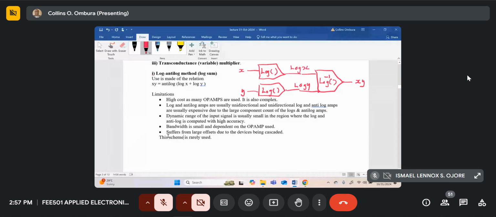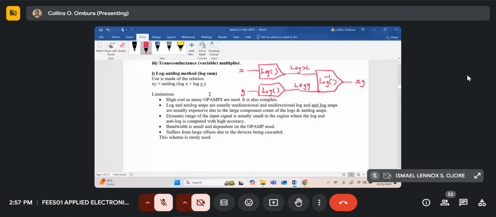What scheme? The log anti-log method, also called the log sum, because it's like you're adding the 2 logs and then getting the anti-log. So we rarely use this scheme, just for academic purposes, using this mathematical equation.